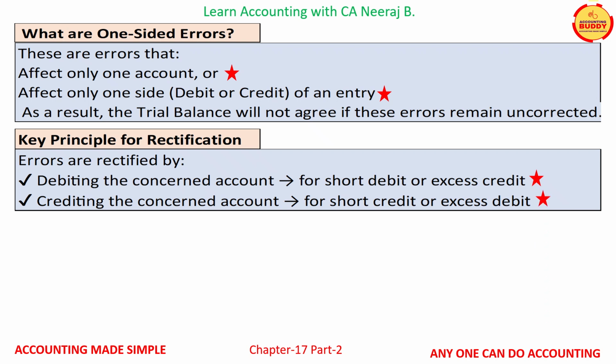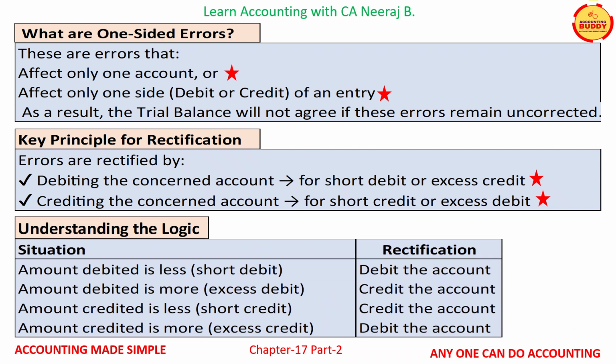Now let us understand the logic of rectifying one-sided errors. If amount is short debited, then the rectification will be done by debiting the account which was earlier short debited. Now if the account is debited wrongly with excess amount, such one-sided error will be corrected by crediting the same account with excess amount debited earlier.